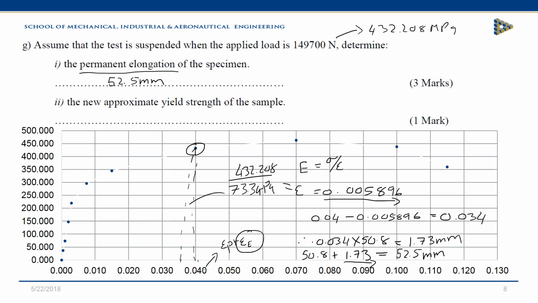It just asked me for what is the permanent elongation, or what is the length of the specimen. And then the last bit of this is, what is the new yield strength? Well, we've taken the load off at that stress, so that will be the yield stress.